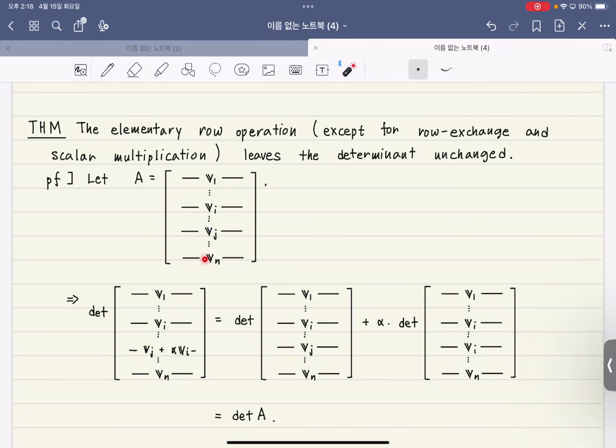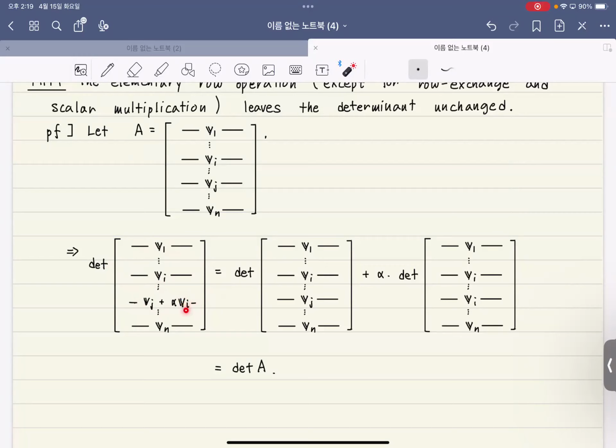Now I am computing the determinant of this matrix. Because of the multilinear property of the determinant, this can be split into two terms: the determinant of V1, Vi, Vj, Vn, which is this, plus alpha times the determinant of V1, Vi, Vi, Vn, which is this.